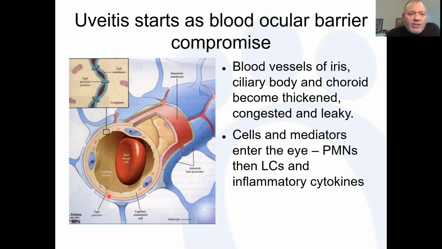Now, in the eye particularly, there are many of these junctional proteins, and they give a very tight joining between these capillaries. Obviously, there has to be some gap to allow solutes to travel from the lumen into the eye, so small molecules can cross. But cells certainly can't, and large molecules can't either.